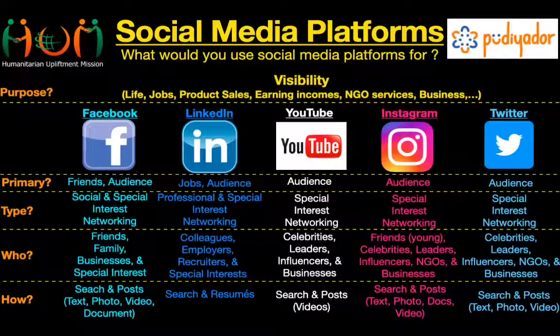One of the ways to do it is to get onto LinkedIn, get an account, and upload your resume, so when others do a search, they can see your resume. So the primary purpose of all these social media is visibility. Unlike WhatsApp, which is not so much about visibility. WhatsApp's primary purpose is communication. But all of these support different forms of communication, but the main focus is visibility to myself.